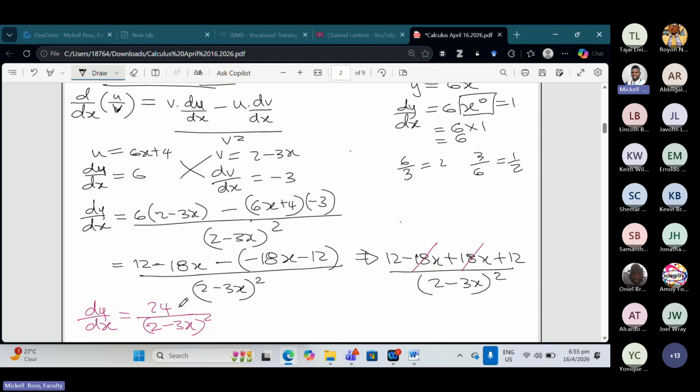It's just that your denominator cannot be zero. So we can be asked to say what is the gradient at a particular point on this curve, this graph. So again we can be saying find the gradient at the point.